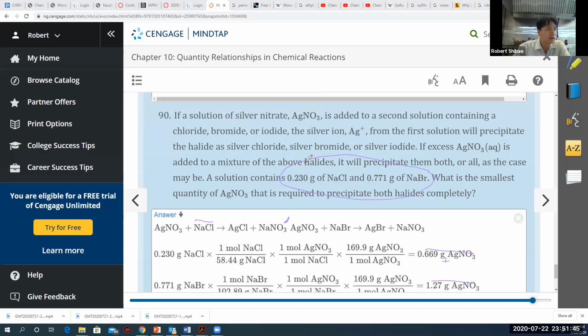What is the percent sodium chloride in the mixture? So the percent sodium chloride in this mixture is 0.230 grams over the total. The total is 0.230 grams plus 0.771 grams, times 100%.